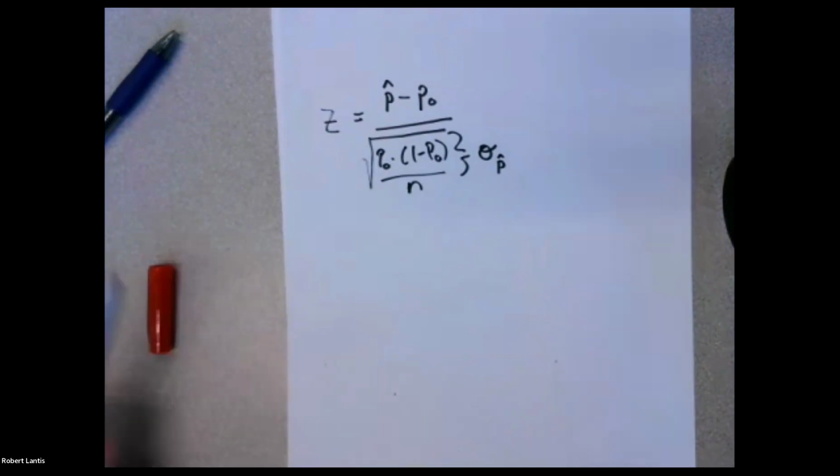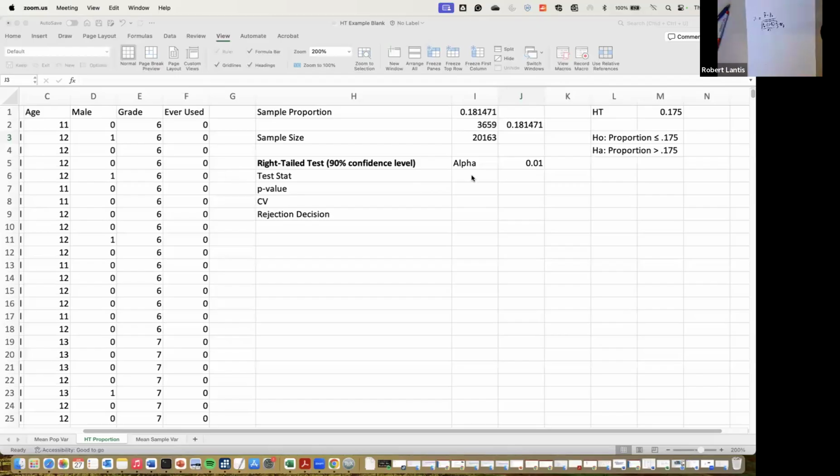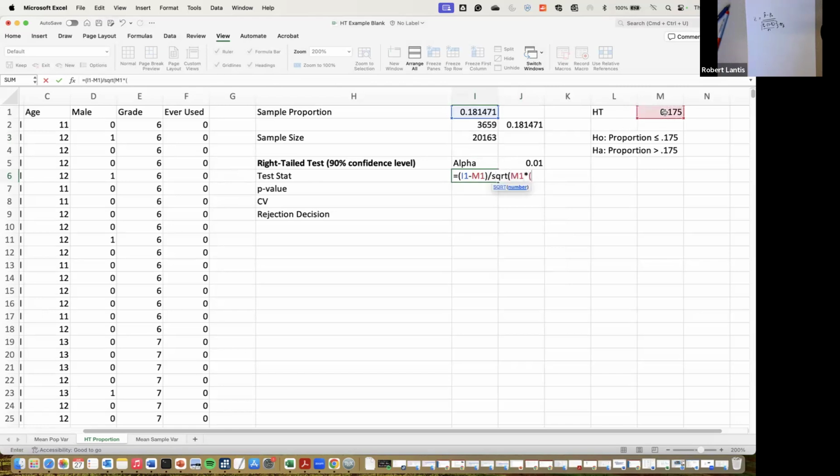Once again, there's no built-in function here in Excel, but we can use it as a calculator. So here I'm going to take my sample proportion, subtract the assumed true proportion, and divide it by the square root of that assumed true proportion times 1 minus that assumed true proportion, divided by my sample size, okay?